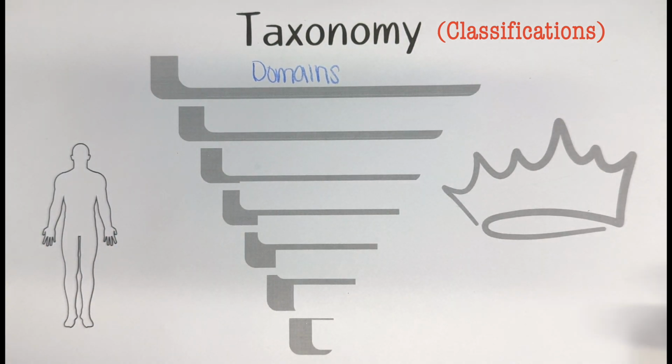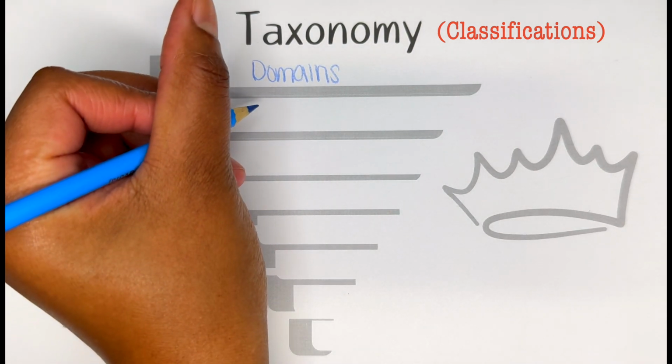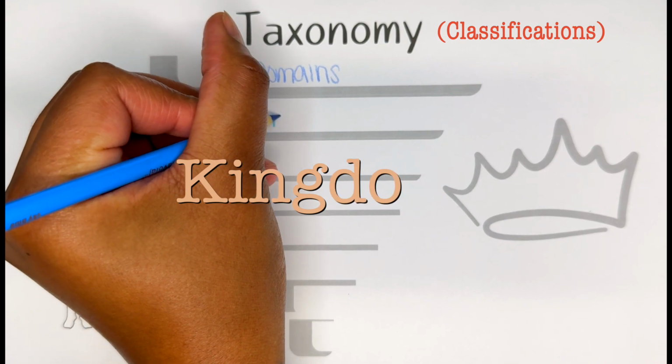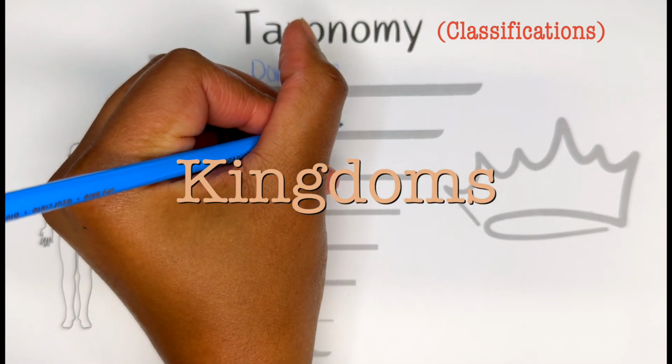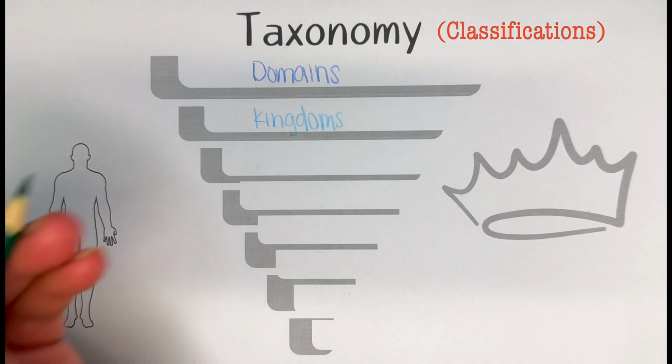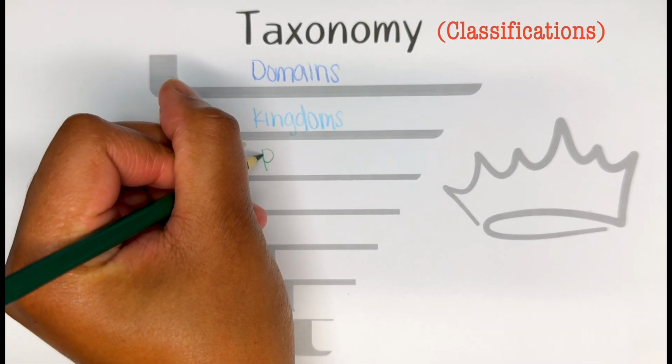So we have the domains. Next is kingdoms. Phylum.